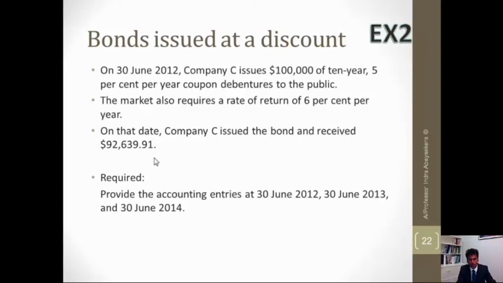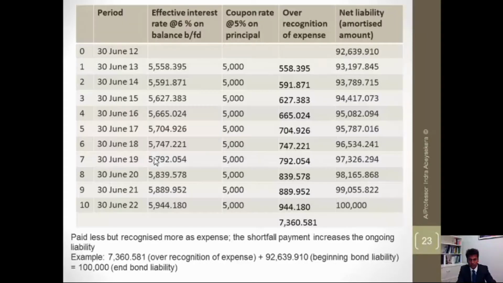To prepare for journal entries, we need to prepare a table like this. Here's the beginning liability. The interest expense will be based on the beginning liability to be in sync with the market reality.